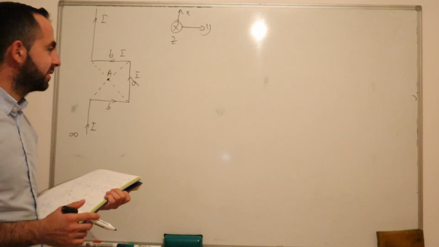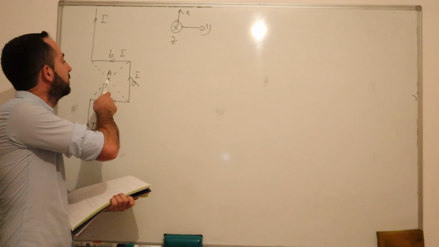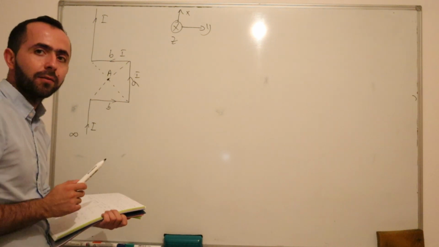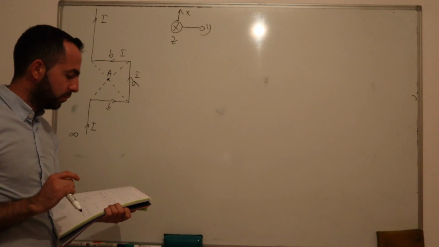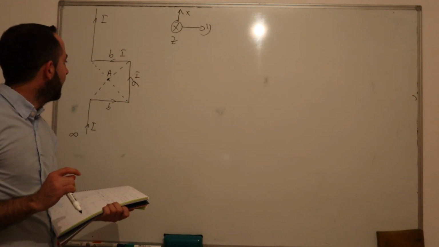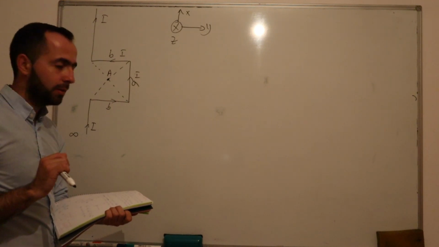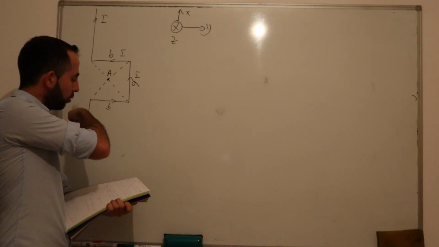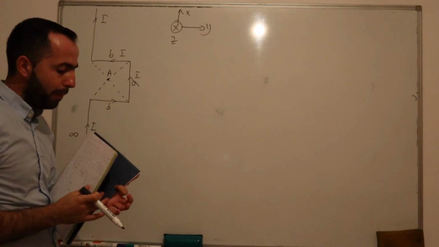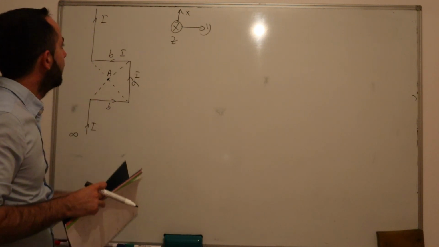Our assignment once again is to calculate the magnetic flux density at this point A. But the second part of our task is to determine the current which is necessary to flow through this conductor if it was not bent.